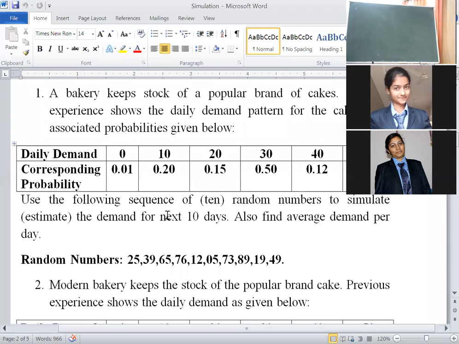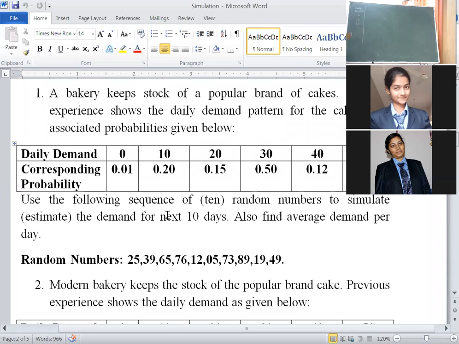Thank you. Random numbers are taken from Tippett's table, right? Then the problem is: in the given problem, the daily demand is given. Is it visible right now? Yes, ma'am. 0, 10, 20.